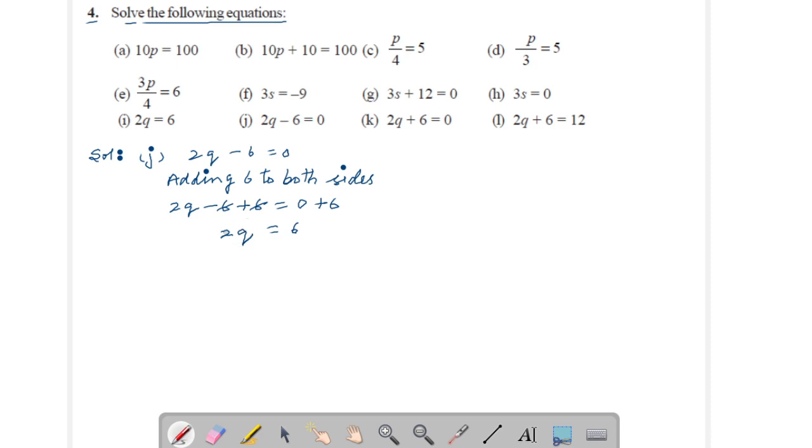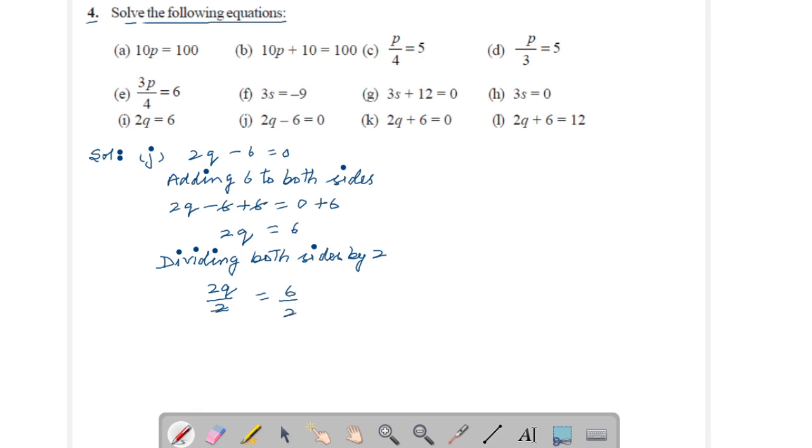Now here, to remove this 2 from q, we remove this by dividing it by 2. Dividing both sides by 2, what will you get? 2q upon 2 equal to 6 upon 2.